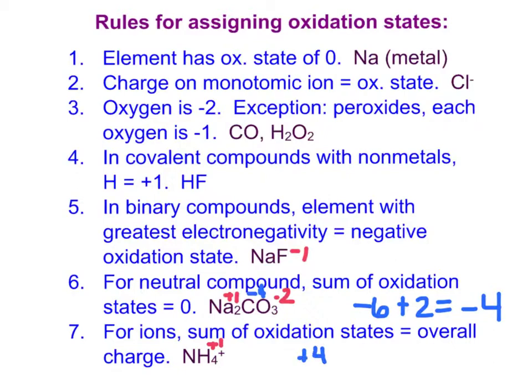We know that nitrogen has to have an oxidation state that is going to give us a total value of +1. So nitrogen is going to have to be -3 because 4 minus 3 is going to be +1. So in this case, nitrogen is a -3 charge. And that gives us the total overall charge of this ion of +1.